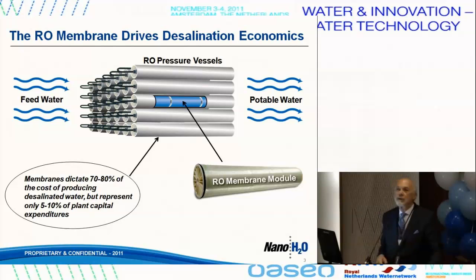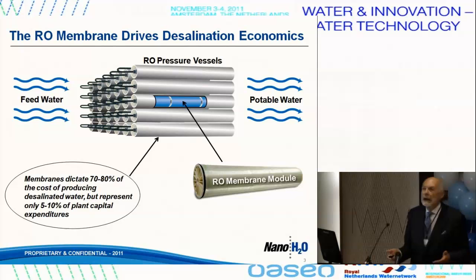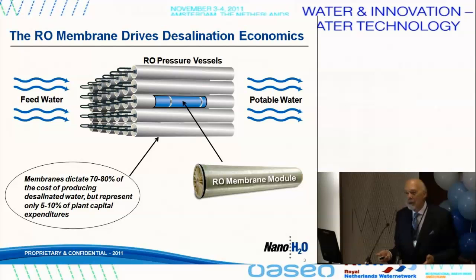If you're at Ashkelon, let's say in Israel, you've got thousands and thousands of these same pressure vessels. It's a massively parallel system, and you feed water in, and potable water comes out of the central tube at the end.